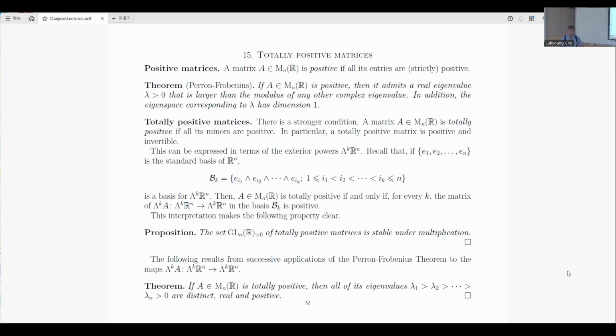The reason for that: first you apply it on the action of A on Rn. That's what gives you lambda 1. And then you apply the result to the action on the second exterior power of Rn, because the eigenvalues of the action on the second exterior power are the products of two eigenvalues. Okay, so now you try to figure out which one is larger.